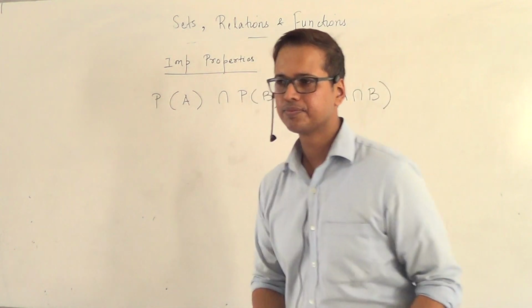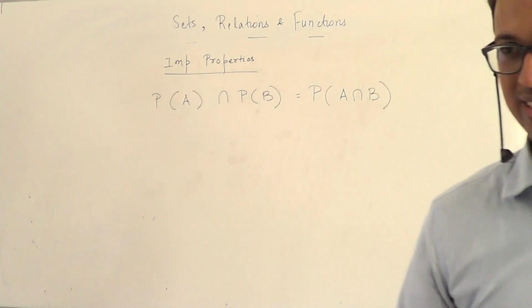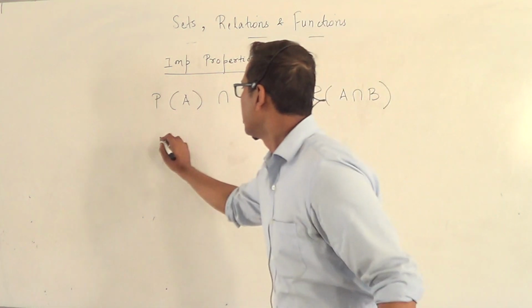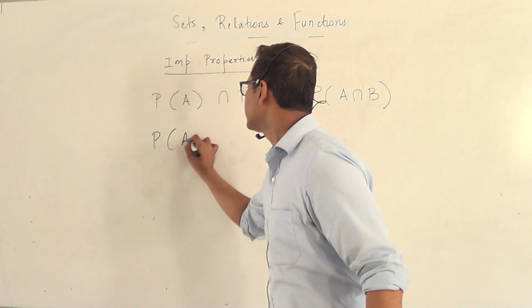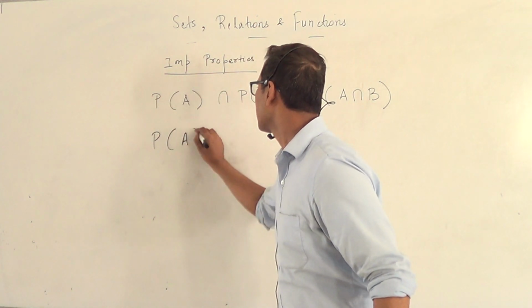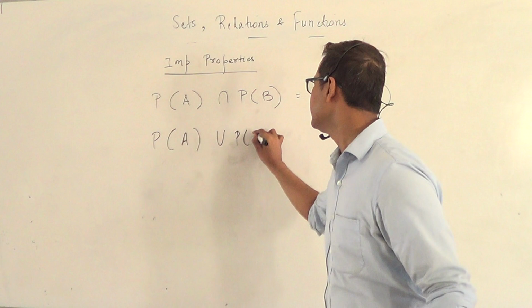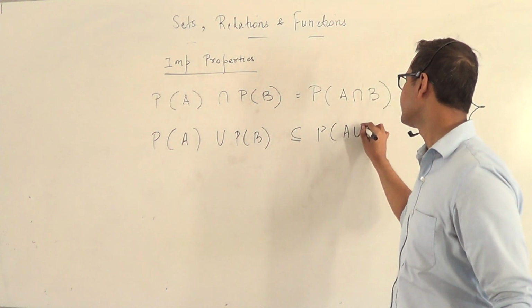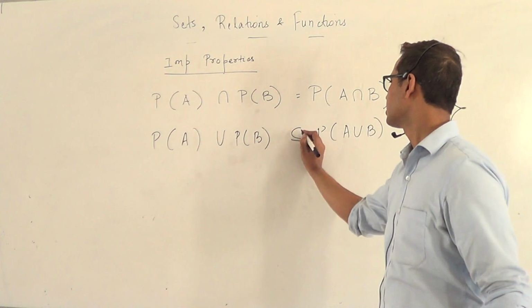Even schools don't have proofs at these levels. However, power set of A union power set of B is a subset of power set of A union B, because you don't have A union B itself in it.